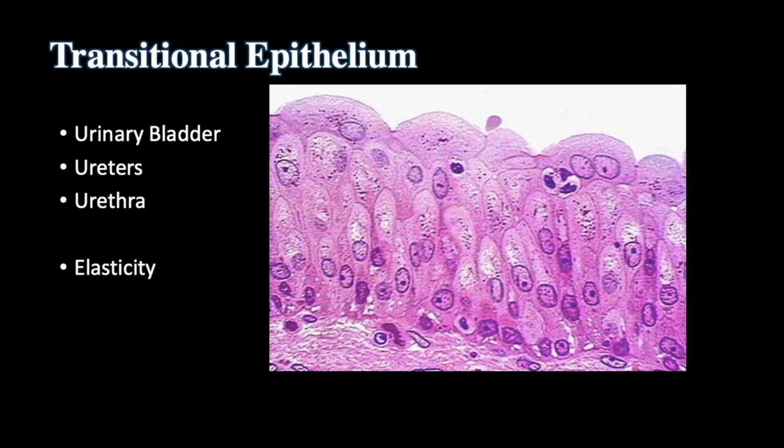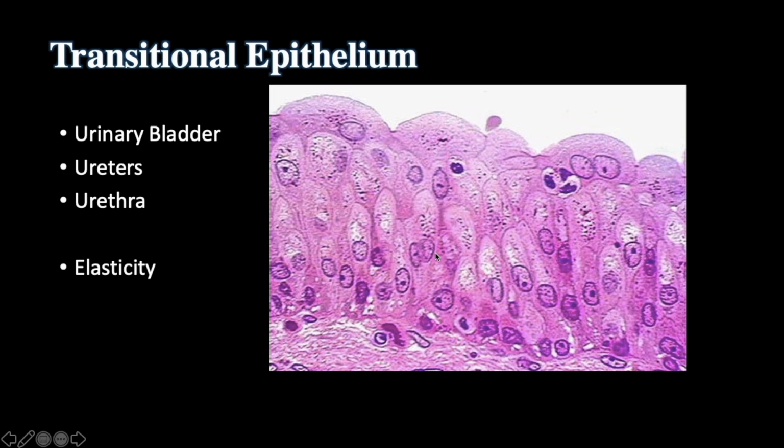And what is the function of this? Well, the urinary bladder, as it fills with urine, it has to take up all that urine, and so it has to be able to stretch. So it's very stretchy, but it goes back and forth. So it transitions, and when it stretches, it looks different. And when it goes back, when you void, it'll look like this.